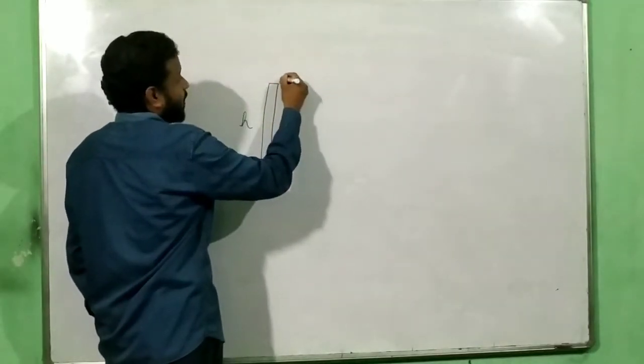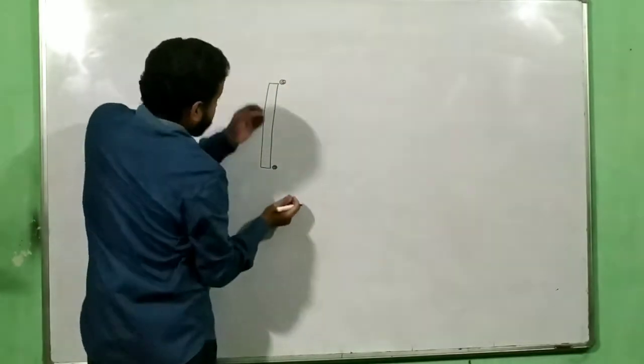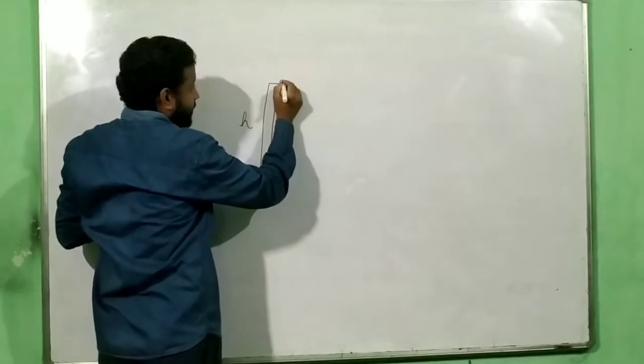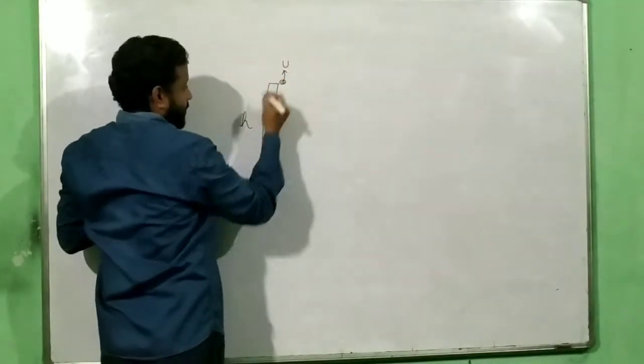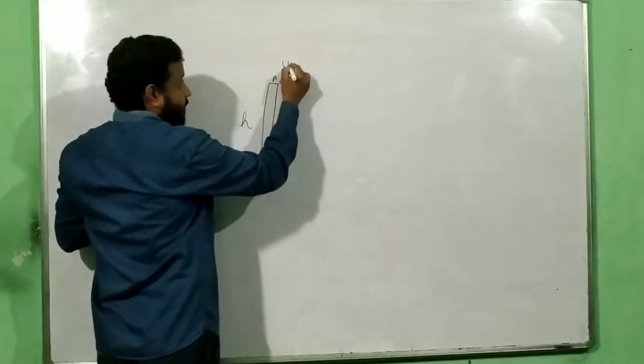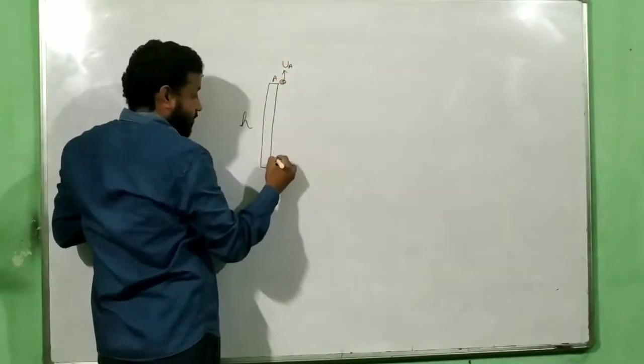You can make it throw up also, so it may go up. Then while it is coming down, it will go and hit it. Okay. So I will make it go up. Okay, so this is my A ball and this is my B ball. So this is the velocity of A and this is the velocity of B.